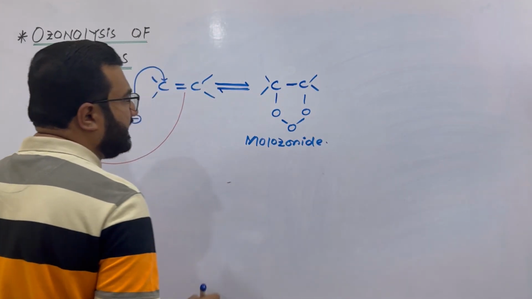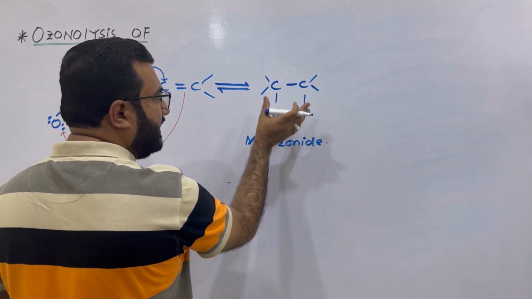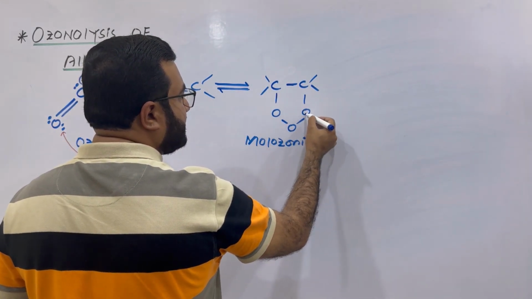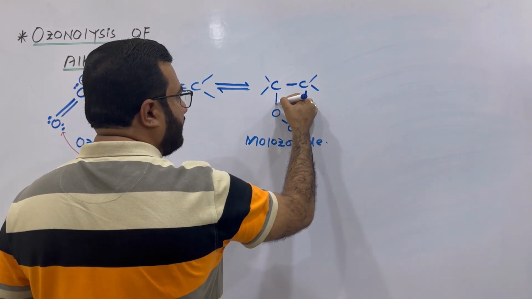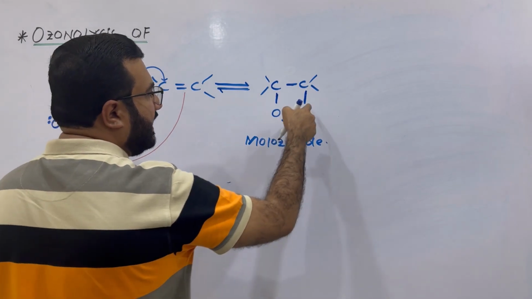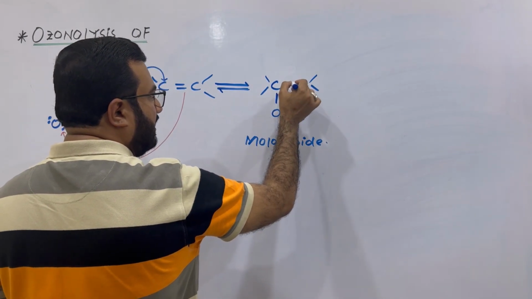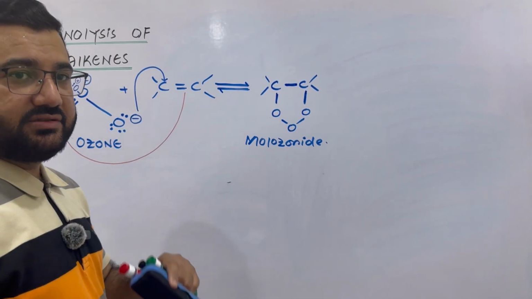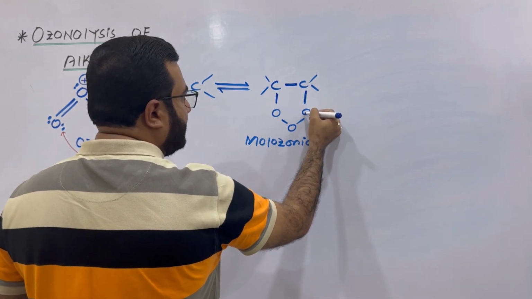It is highly unstable because of its unsymmetrical structure, as all oxygen atoms are present on one side of the molecule, and these two oxygens are highly electronegative. They will pull the electrons from carbon with a great force, and because of the pull of these two oxygen atoms, the carbon-carbon bond will be under a huge stress. This oxygen atom will attract electron from this carbon.